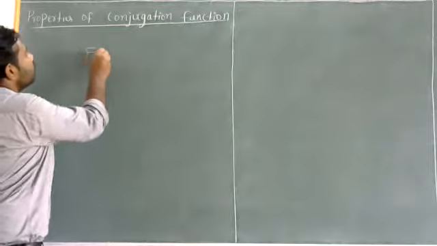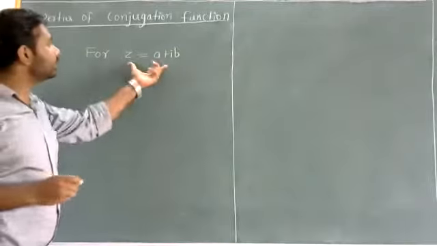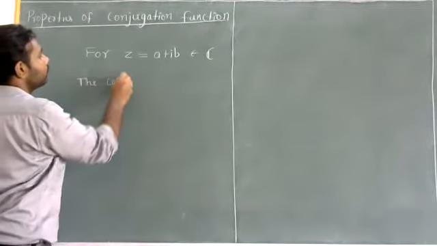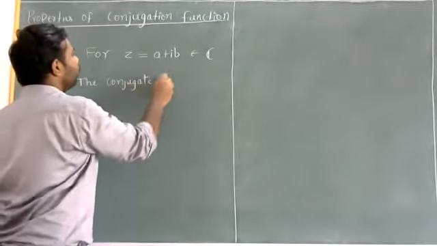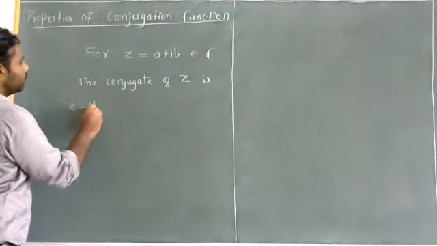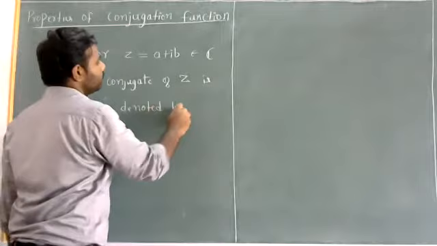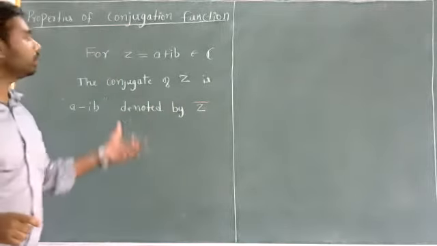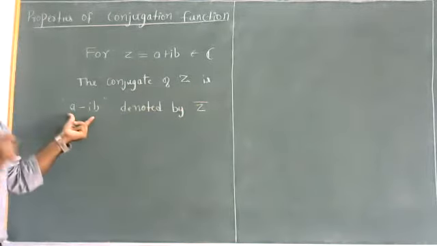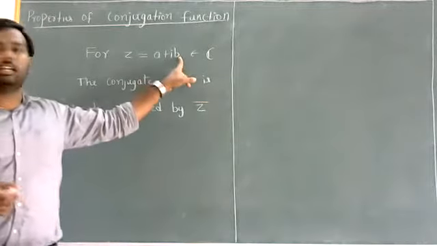That is, for any complex number z equal to a plus ib, we define the conjugate of z as the complex number a minus ib, denoted by z bar. It is got by just negating the imaginary part.